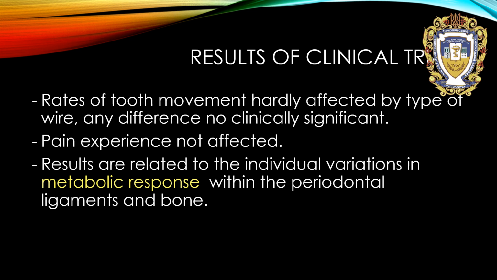Results of clinical trials: rates of tooth movement hardly affected by type of wire. Any difference not clinically significant. Pain experience not affected. Results are related to the individual variations in metabolic response within the periodontal ligament and bone.